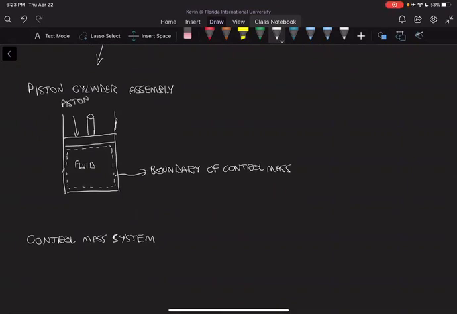If you want, you can also look up a piston cylinder system to see what it looks like in real life. And this container here is called our cylinder. Any problem in thermodynamics starts with the selection of a system. So we select the system.